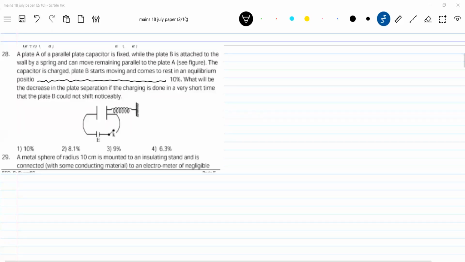So first I'll go for the initial separation of the plates equal to D, with the key closed and with the key open. I'll give the diagram. I think you can understand very easily. So this is the circuit.